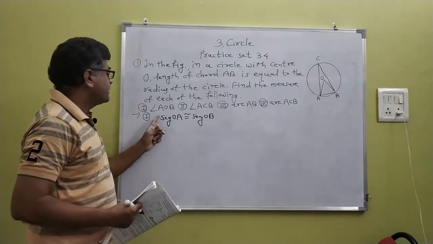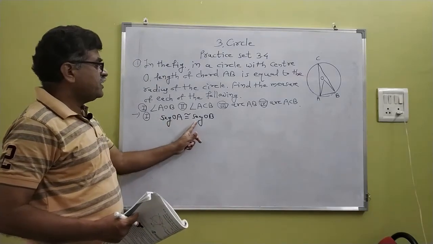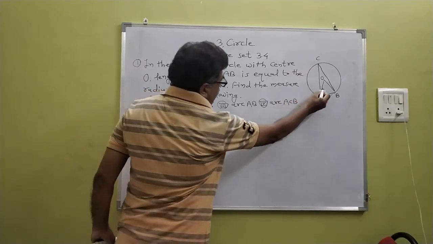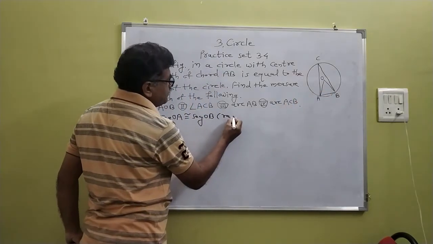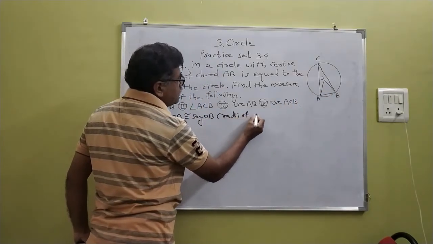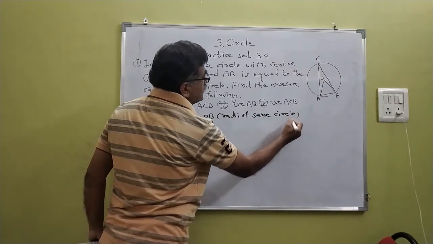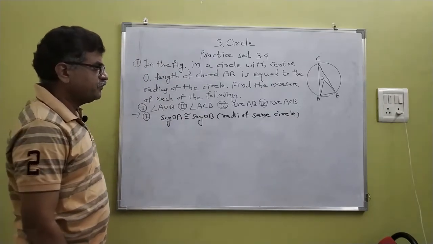This is first. Now here, segment OA is congruent to segment OB, radii of the same circle.